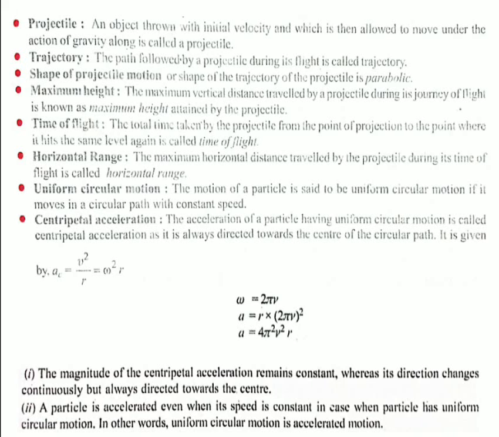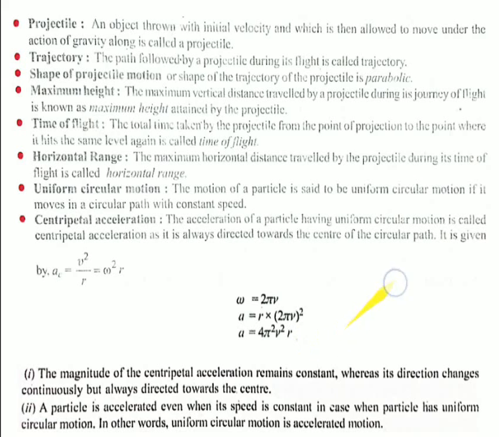We know that angular velocity can be expressed in terms of frequency: omega is equal to 2 pi nu, where nu is the frequency. So in the expression AC is equal to omega square R, if we substitute the value of omega as 2 pi nu, then we get AC is equal to 4 pi square nu square R.